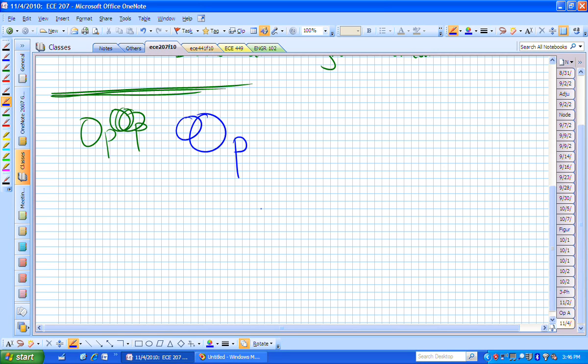Or actually, even independent of what V sub X is, what's the relationship between V naught and the differential voltage V sub d? If this was not connected to anything, V naught is going to be the open loop gain, A sub OL, of my operational amplifier times V sub d.